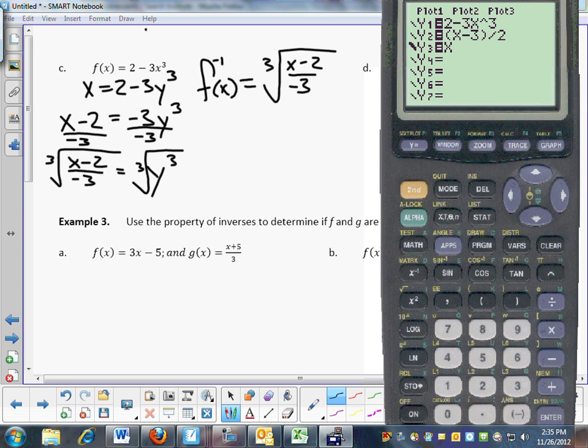And I'm going to type in the cubed root. So I got to go math on number 4 is cubed root. Double parenthesis x minus 2. Parenthesis divide by -3. Parenthesis. And I'll graph the line y equals x.